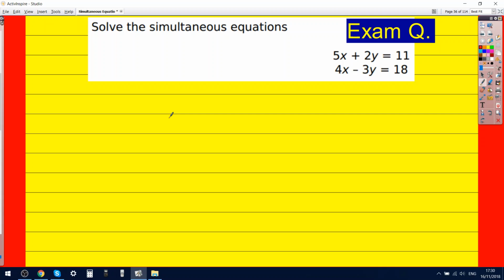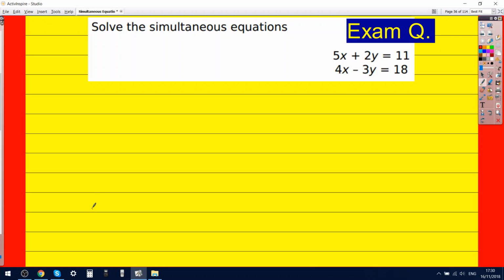The problem is that the y's aren't the same, so if you add, you'll still have x's and y's. You need to get either the x's the same or the y's the same, the same coefficient.